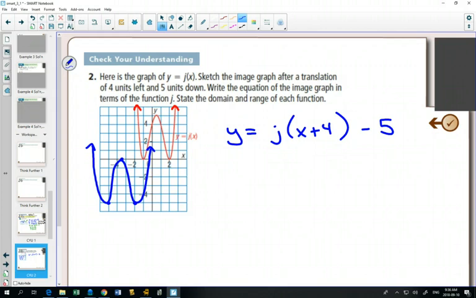State the domain and range. On this one, I'll use set notation because I think that it's its turn. So for set notation for the domain, again, we think, what's the smallest value? And because there's arrows here, this is indicating not only is it going up forever, it's also getting wider forever.